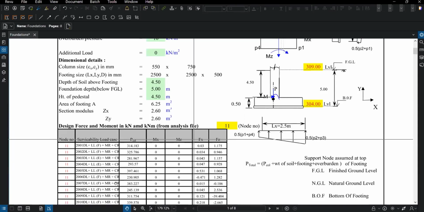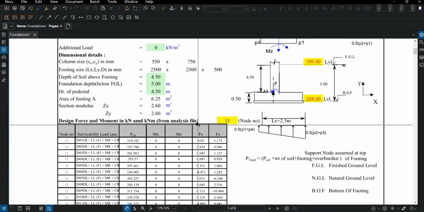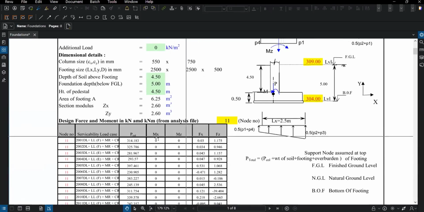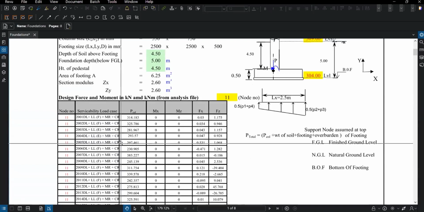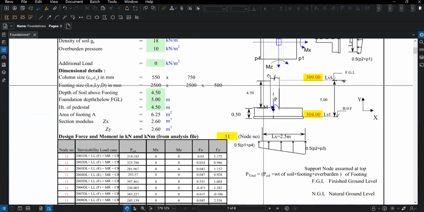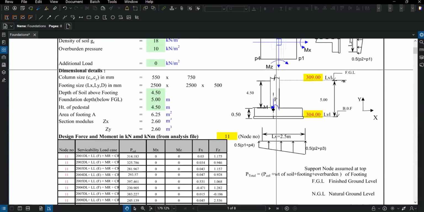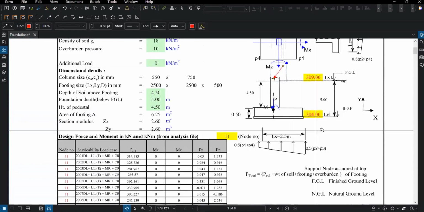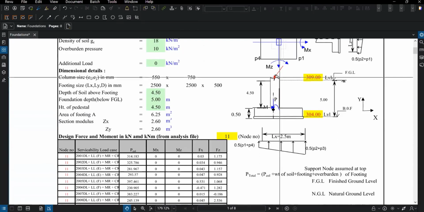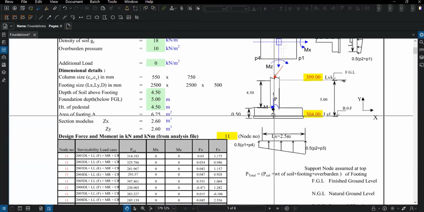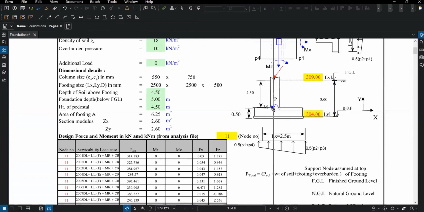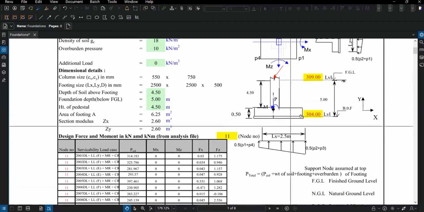So the design forces and moments from the analysis file, as it says, have a number of load combinations, and you can see that there is no moment here because the entire force is exerted right here. Then this force needs to be calculated, and I need to calculate a force around this point for which to design the foundation.